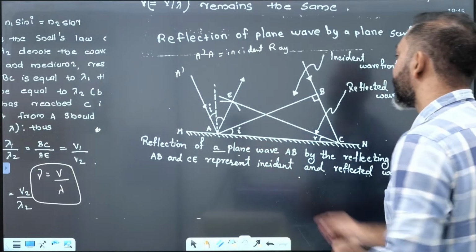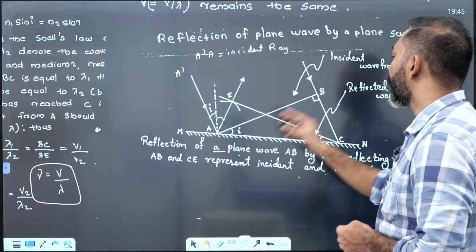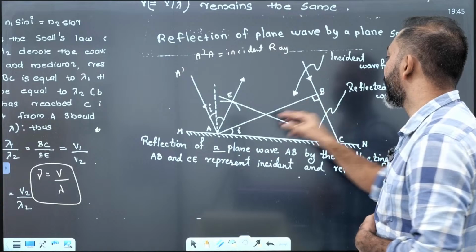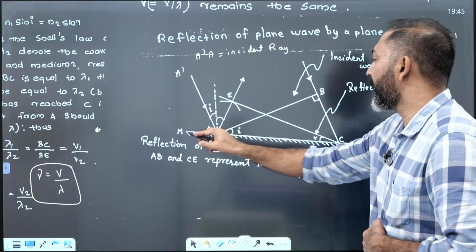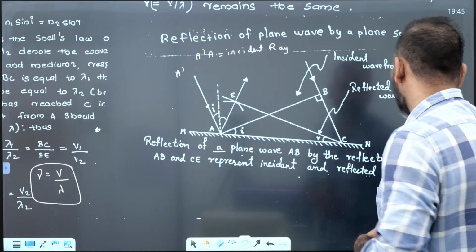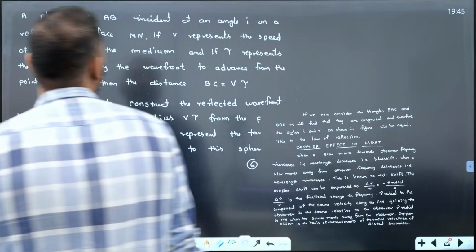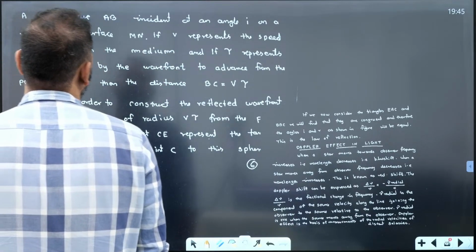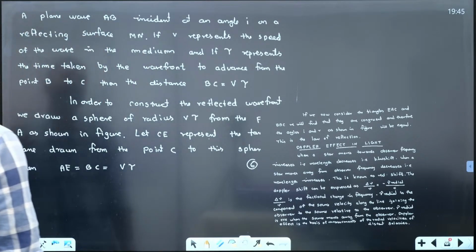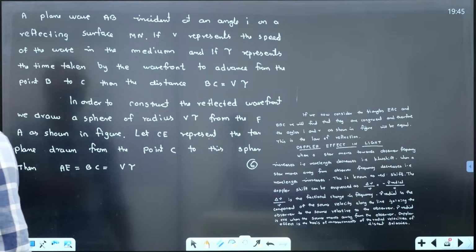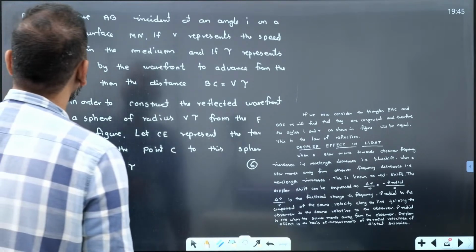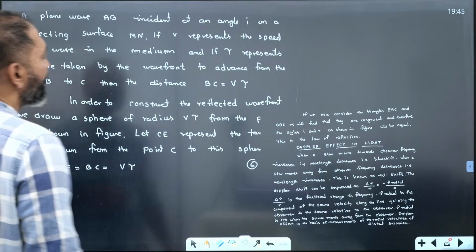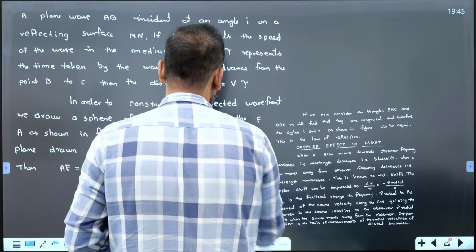You can see the plane wavefront, the incident wavefront AB, falling at an angle i on the reflecting surface MN. If v represents the speed of the wave in the medium, and if tau represents the time taken by the wavefront to advance from point B to C, then the distance BC is equal to v tau.